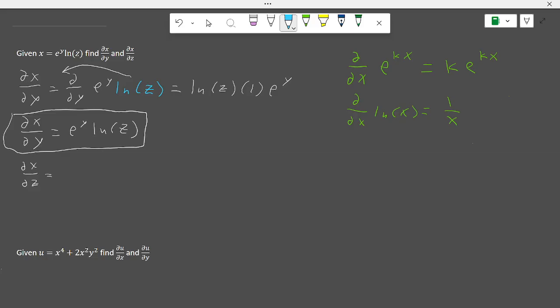So we're going to write out our constants in blue, so e to the y will act as a constant for this step, and we'll have the natural log of z. We're going to move this over, write out the derivative with respect to z.